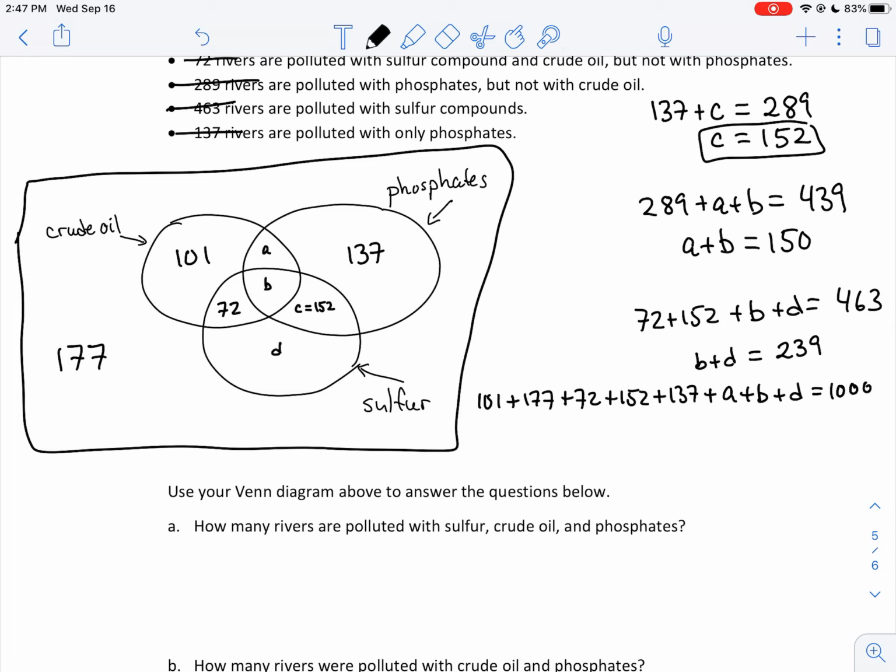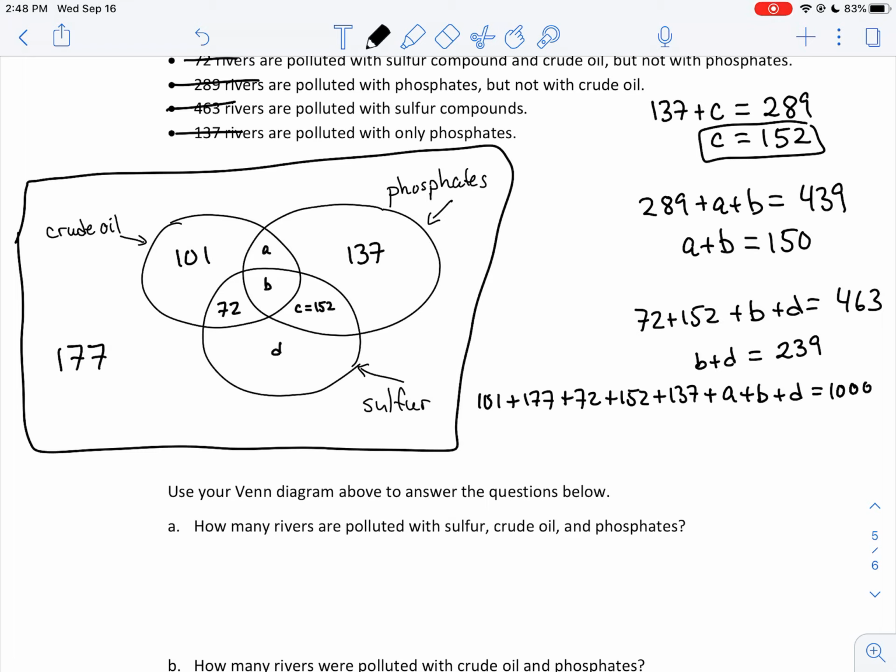All right, now I'm just going to use a calculator. I'm doing this off screen, so you're not seeing what I'm doing here, but I'm going to add those numbers all up. Let me enter what they were: 101, 177, 72, 152, 137.